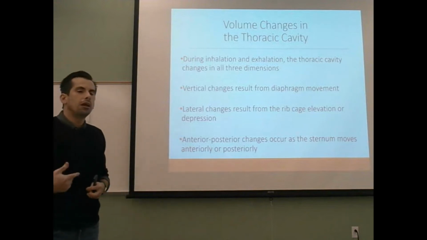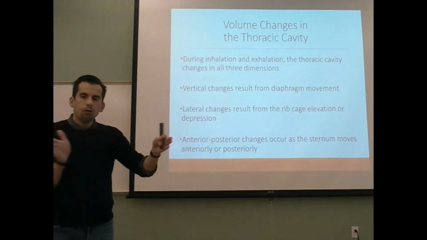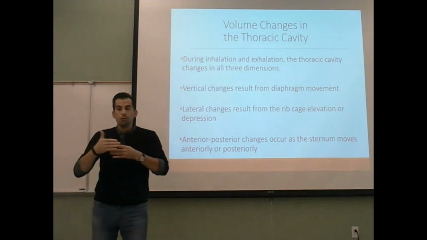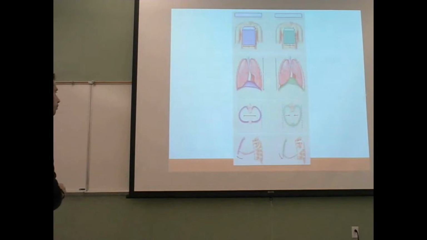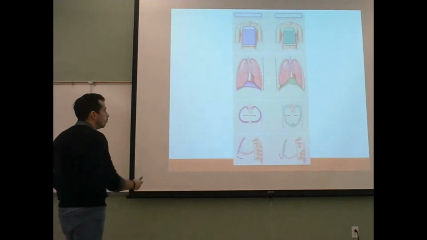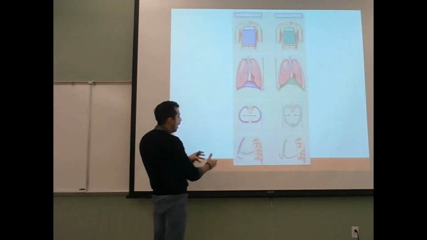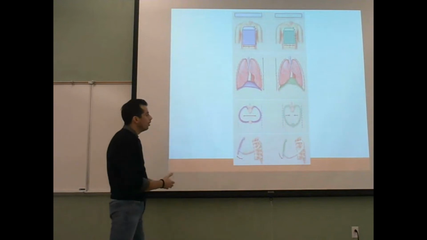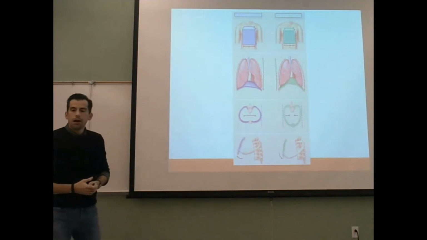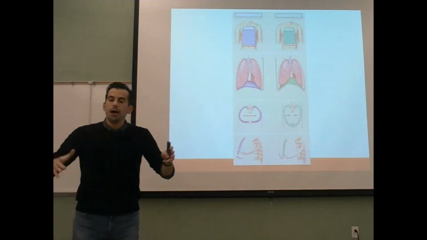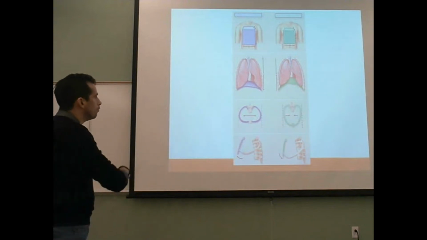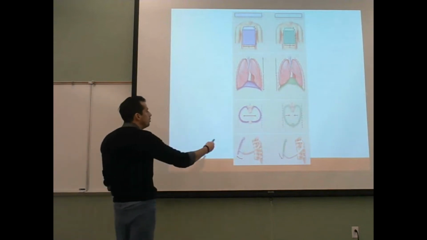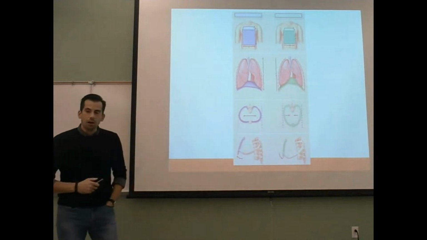So as you go through the ventilation process, we see all three dimensions of that rib cage go through fluctuations. Breathe in, with the rib cage expanding outward, sternum moving forward, diaphragm pulling down, and as soon as you relax that diaphragm, everything passively happens in the reverse direction, increasing the volume with an inhalation, decreasing the volume as you exhale.